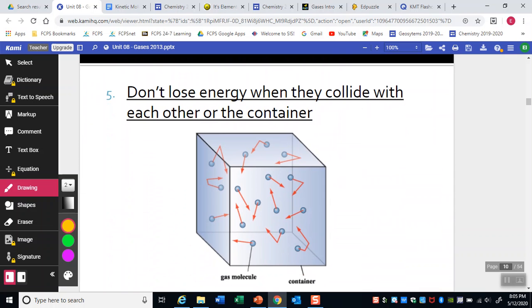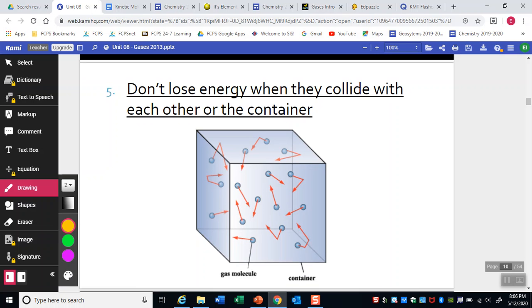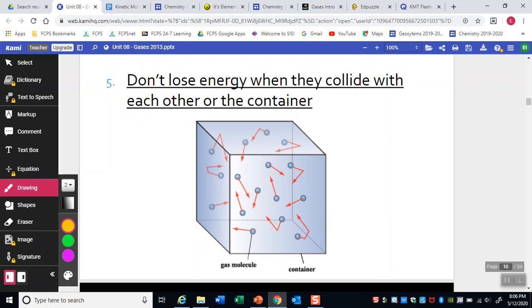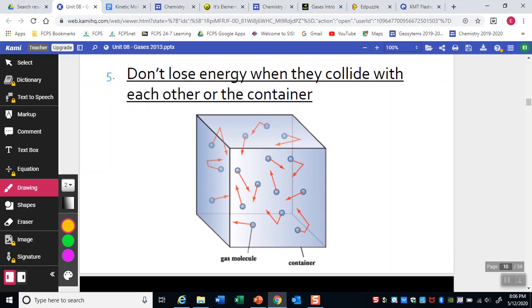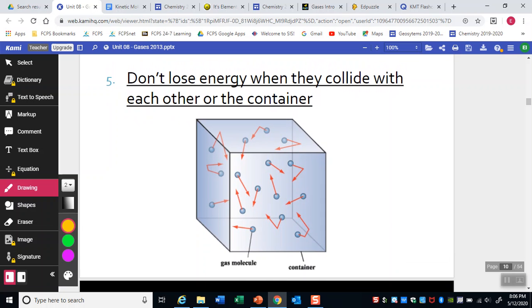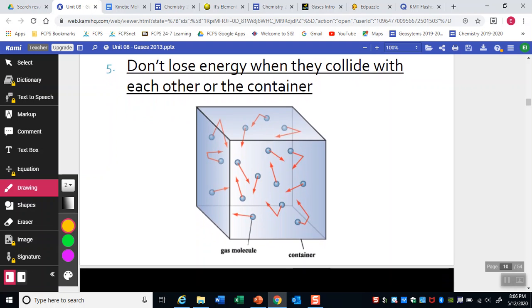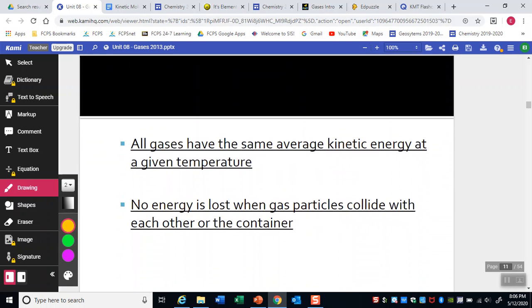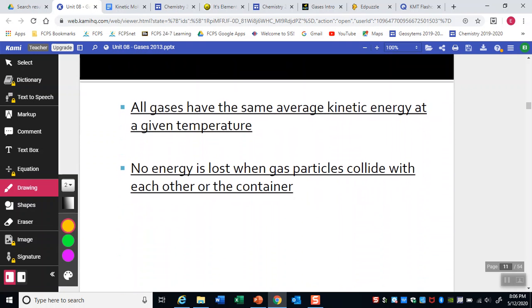So when these gas particles collide, they do not lose energy. They just bounce right off each other. And that's important to understand, the reason why gases act the way they do. All right, so all gases have the same average kinetic energy at a given temperature.